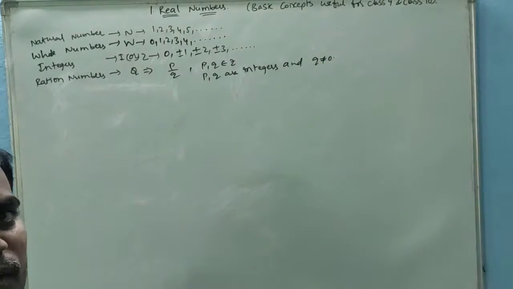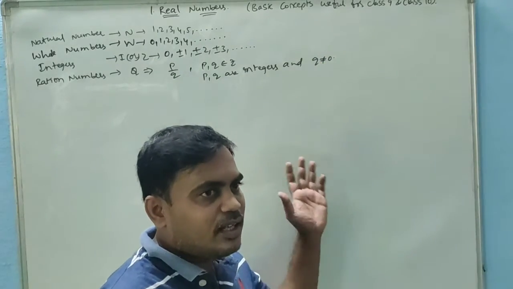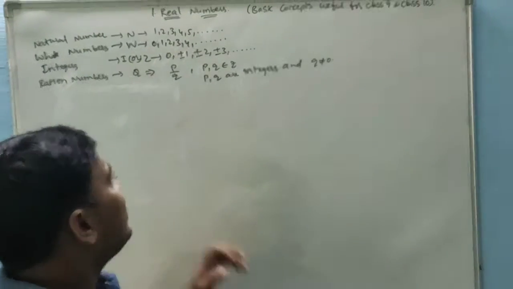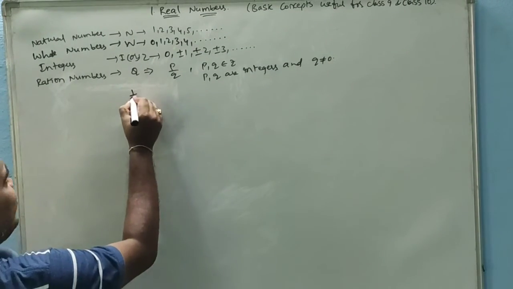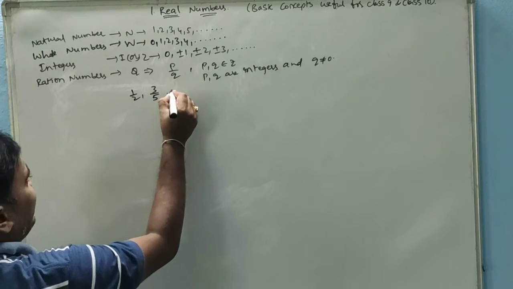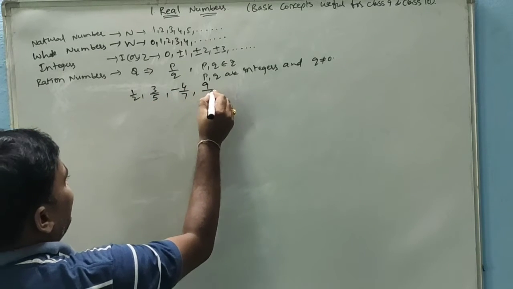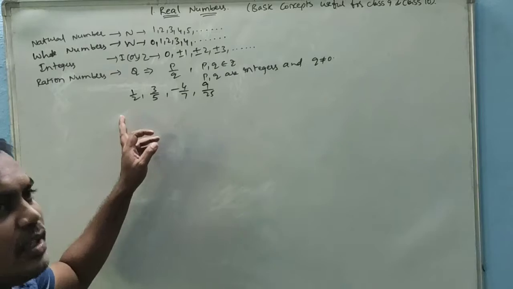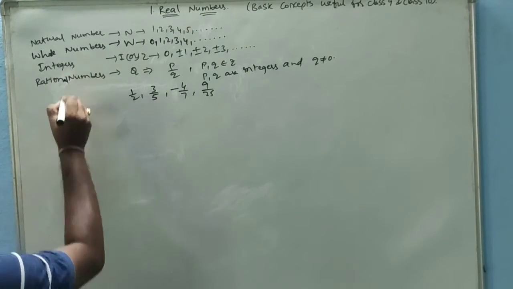If the numbers are in this form, those are called rational numbers. For example, 1 by 2, 3 by 5, -4 by 7, 9 by 25. Numbers like these are called rational numbers.